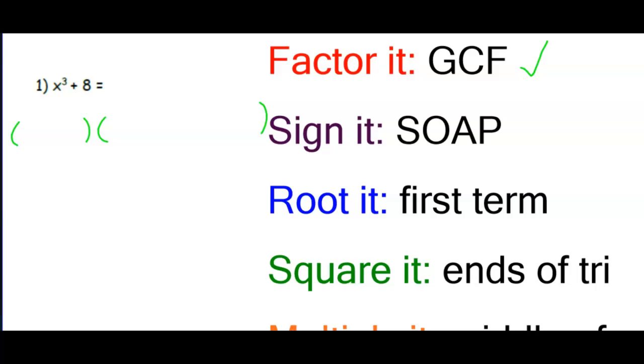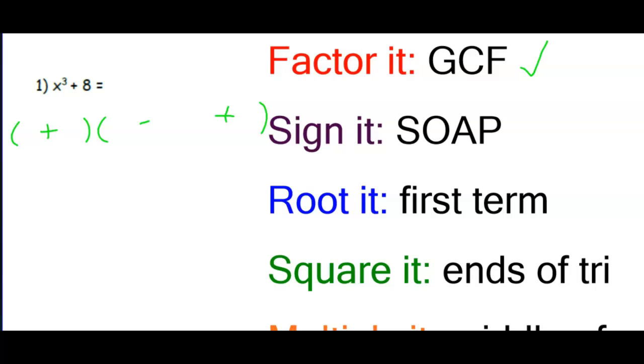So what sign was already there? Then I have to use the other sign. What's the only other sign? A negative. And then remember, that one has to be positive.